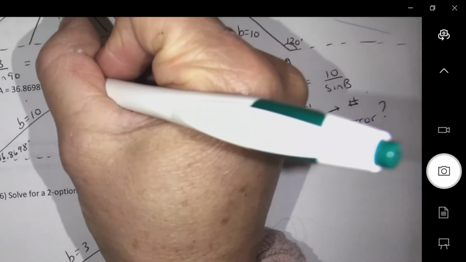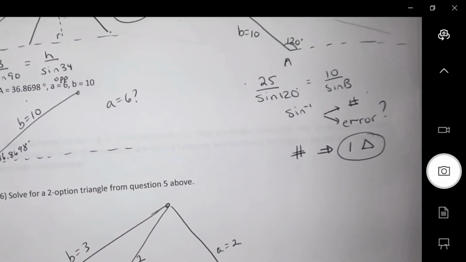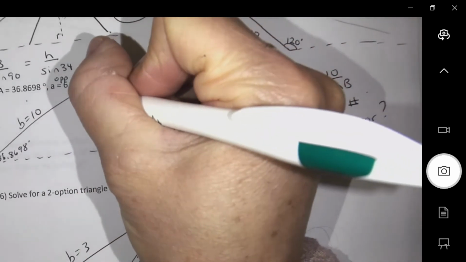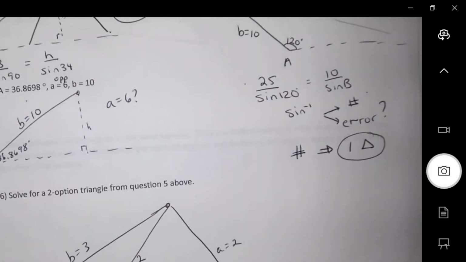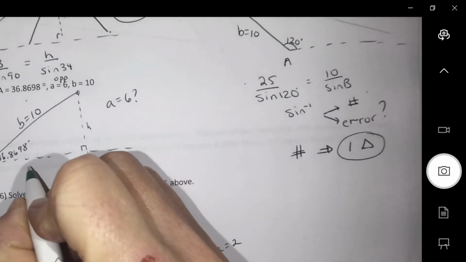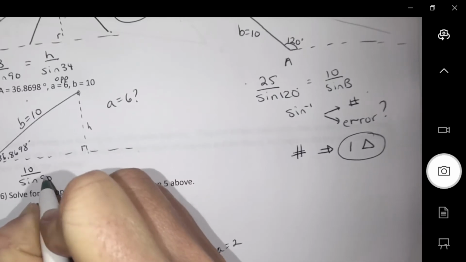Sorry, I guess I should have started with the opposite side was shorter. Opposite side was shorter, that's why I just jumped into this. How is 6 going to fit? That means I need to analyze what the height is to see where that is going to fit. So 10 over sine 90 is that pair.